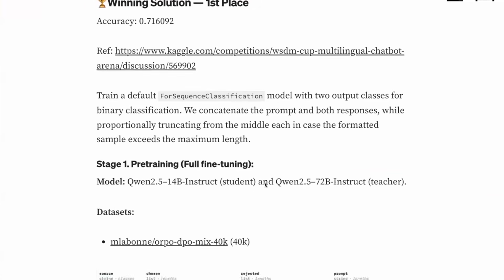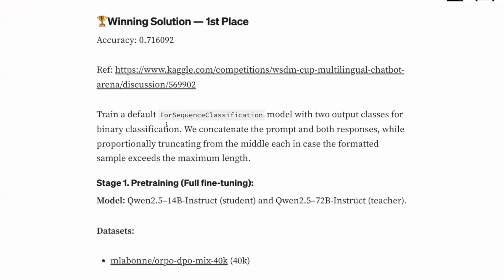So overall, the first place is using a sequence classification model, and you can choose any model as the base model for this sequence classification. The input to the sequence classification is just the prompt and two responses, because you want to see which response is correct.